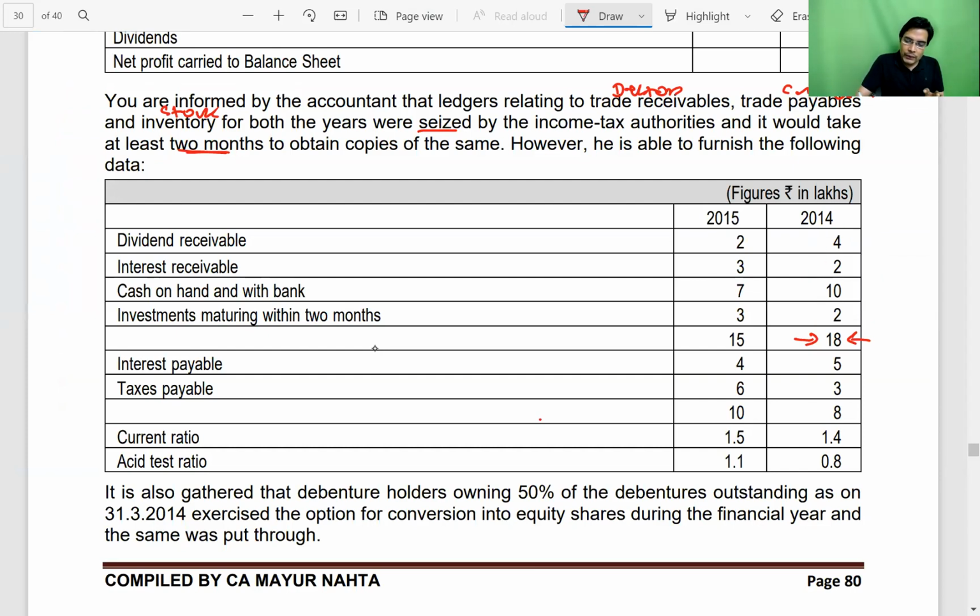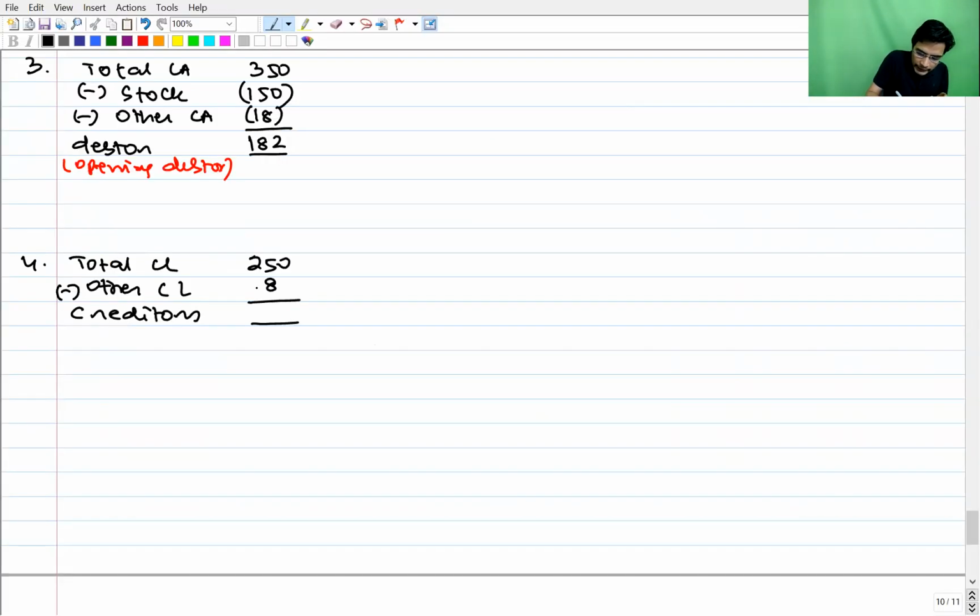In this question, they have told at the beginning of the year, total current liability is 8. Interest payable and taxes payable. So if we minus that 8, we'll get to know opening creditors, 242 lakhs.